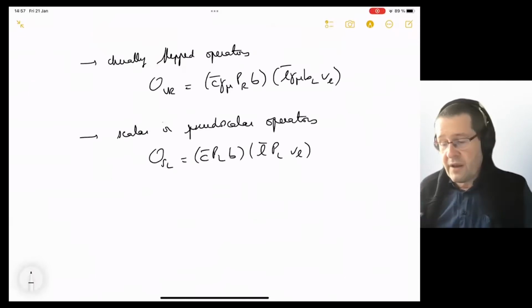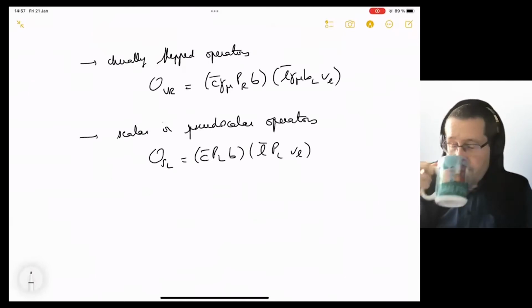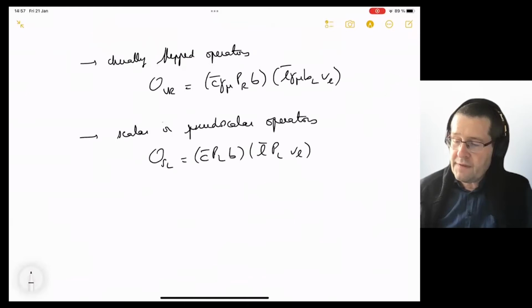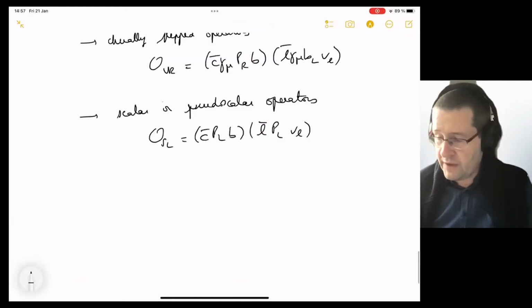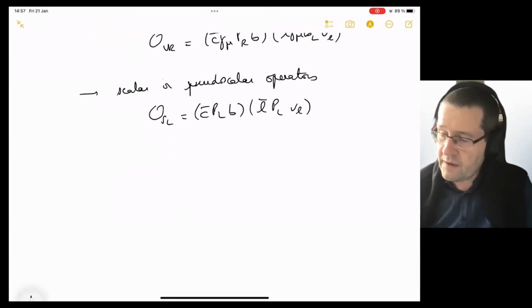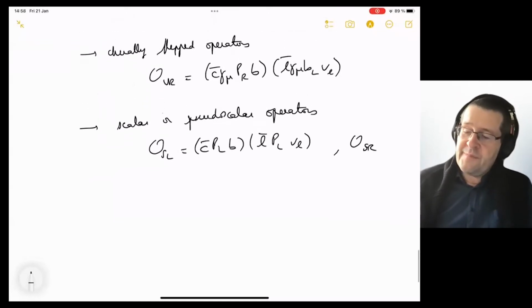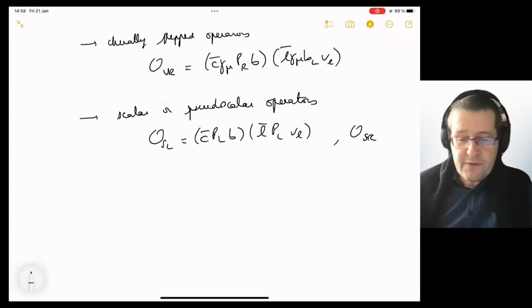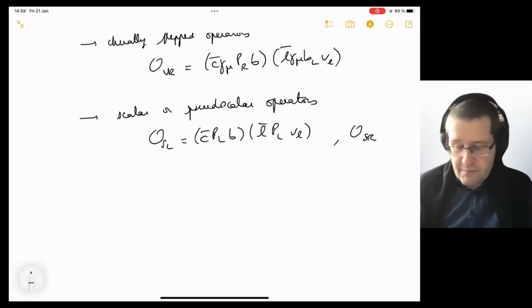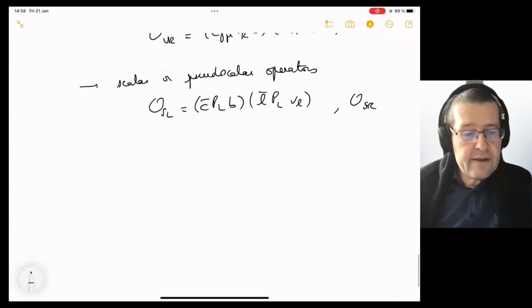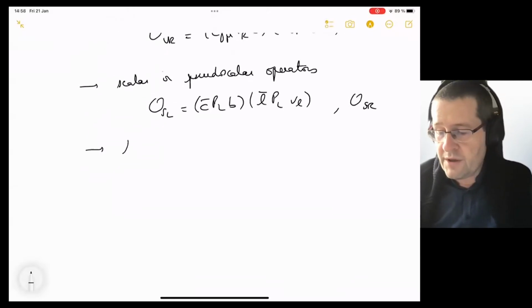That means that the couplings of the chiralities involved are going to be different because of that, because here that wouldn't be right, left, but right, left. And then I can also imagine to have tensor operators.